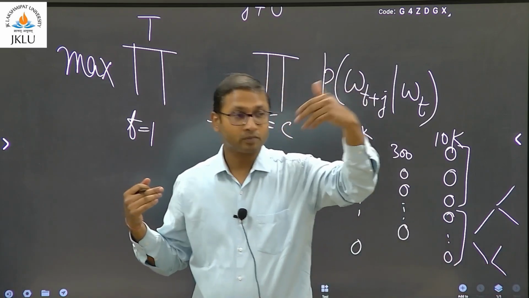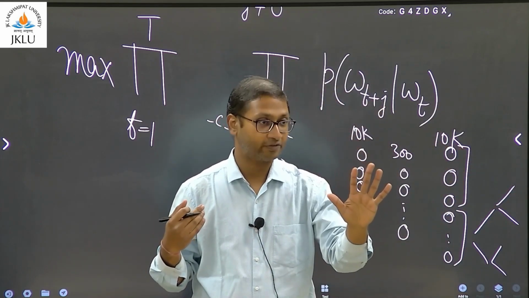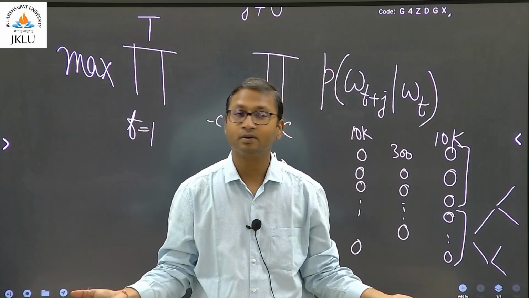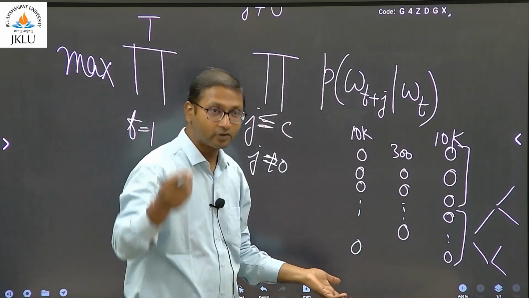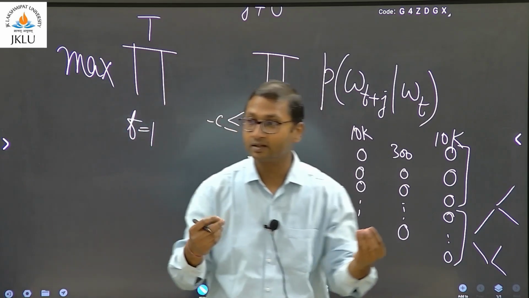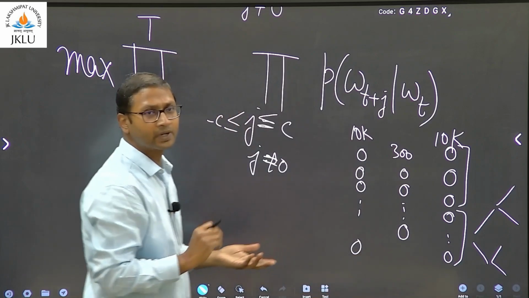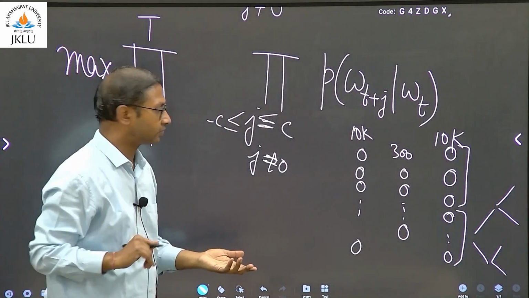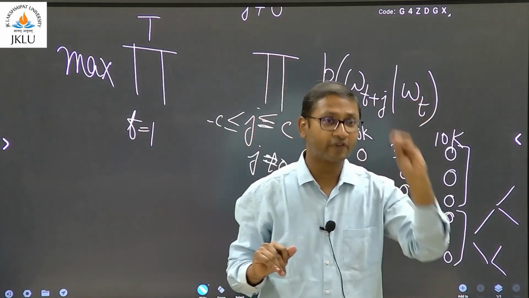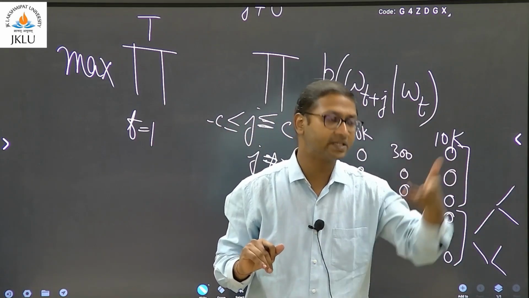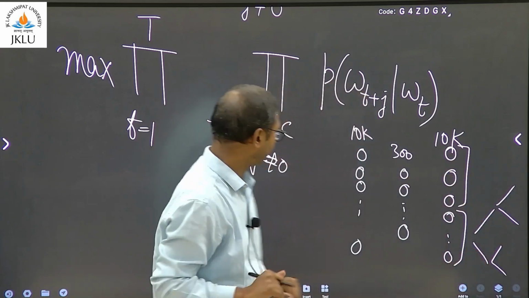So log of 100k, if you take base 10, it will be 5, right? So log of 10 to the power 5 base 10 is 5. So very small number compared to the original one. So instead of doing for 10 lakh, you will be doing just for 5 if base is 10, if base is e, you will be doing maybe 15, okay, but no more than that.